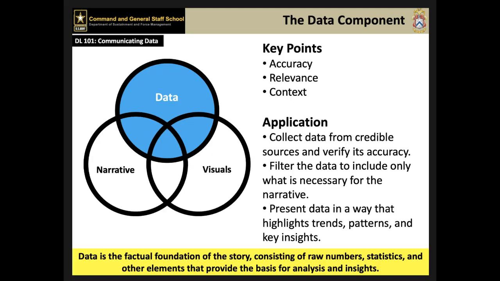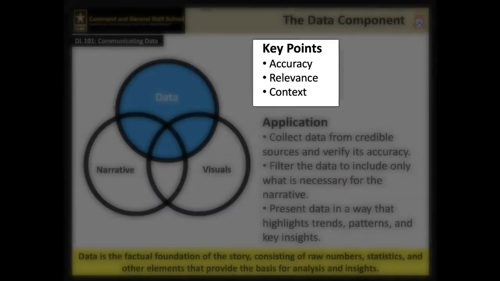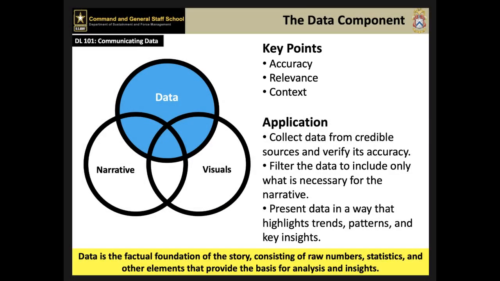Data represents the factual foundation of the story, consisting of raw numbers, statistics, and other information that provide the basis for analysis and insights. During our discussion of SMART questions, we learned about the importance of accuracy, relevance, and context. Context, in this case, means helping the audience understand your story's significance through historical comparisons, benchmarks, or explaining the sources of the data.